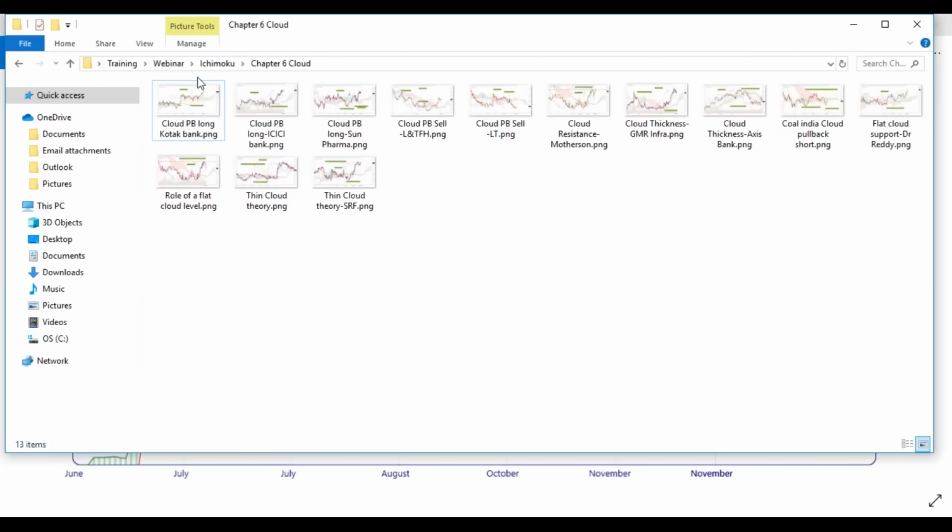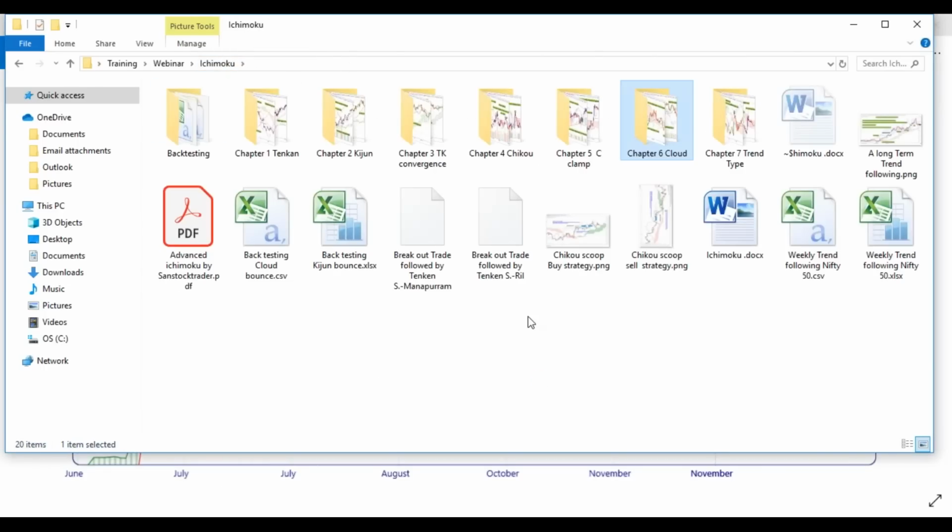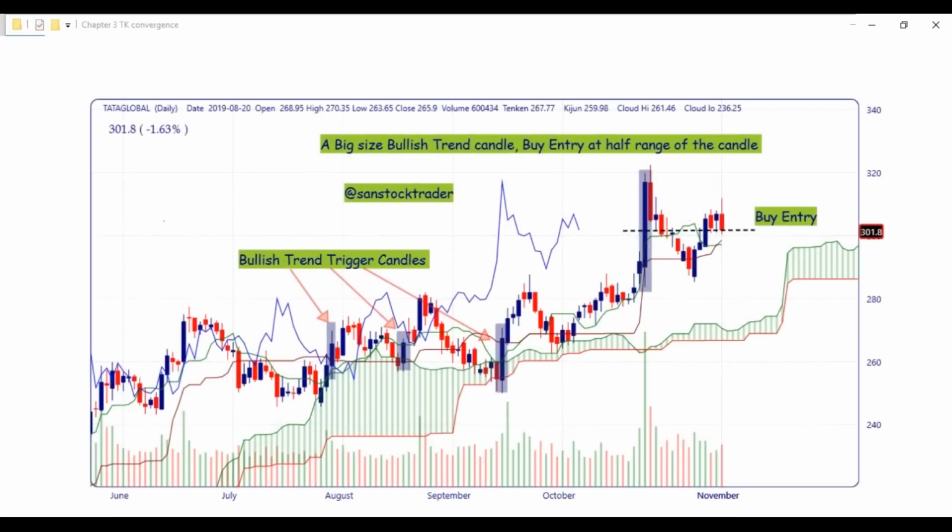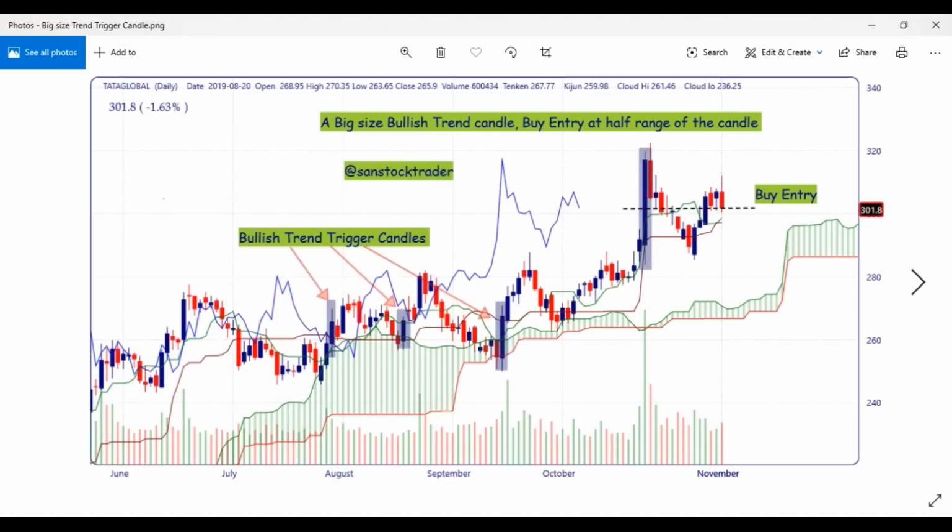Now I have something interesting to discuss. There are a lot of people who use a Tenkan Kijun crossover. I backtested this Tenkan Kijun crossover, and what I found is this crossover is not adding any value or advantage to the existing Ichimoku system.